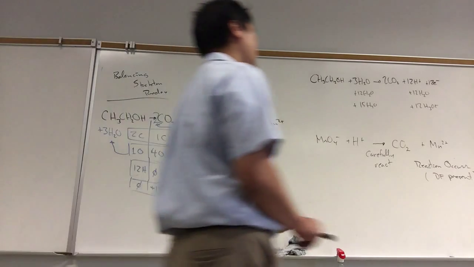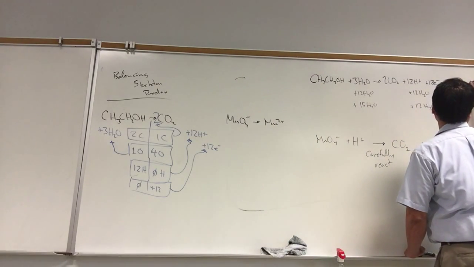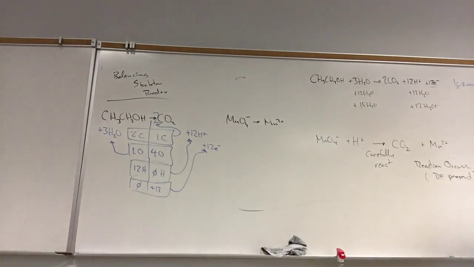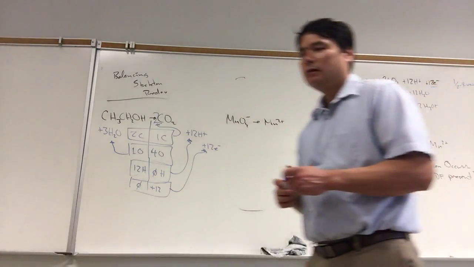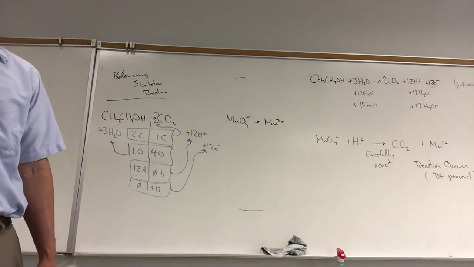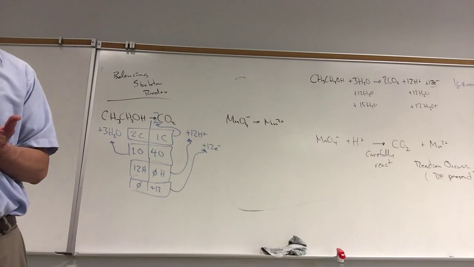Why do we call it a balanced half reaction? Because of the electrons. That's it. The free electrons don't exist either. We aren't going to have free electrons. We're just using the free electrons to keep track of the exchange here.